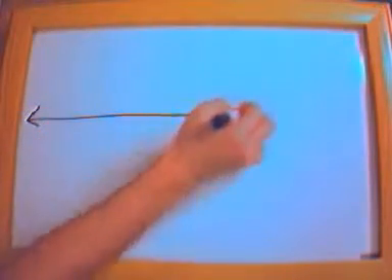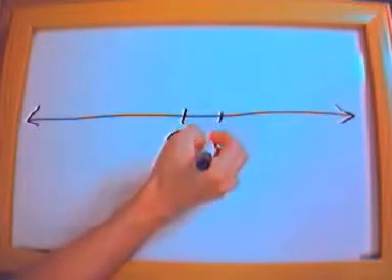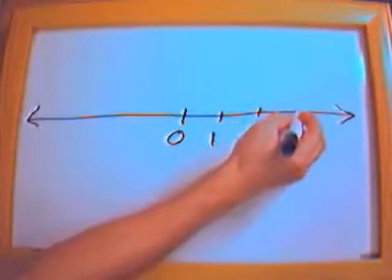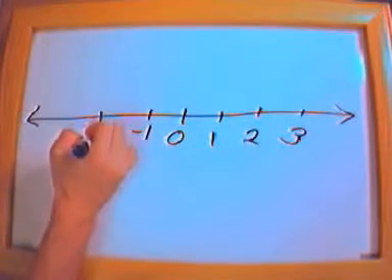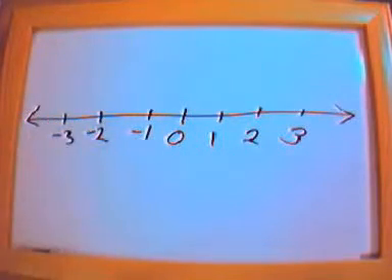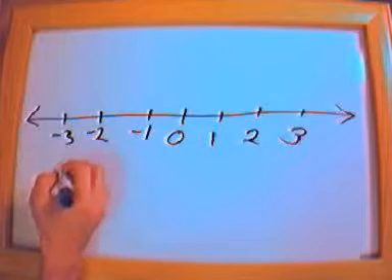And we'll do one more of these just to get the point across. If I go off like this, and again put 0, 1, 2, 3, minus 1, minus 2, minus 3. And I can write this a few different ways.